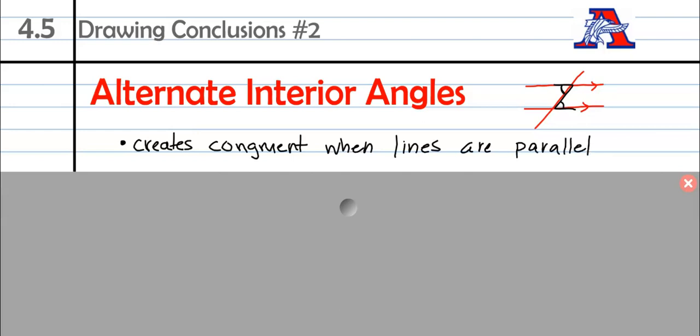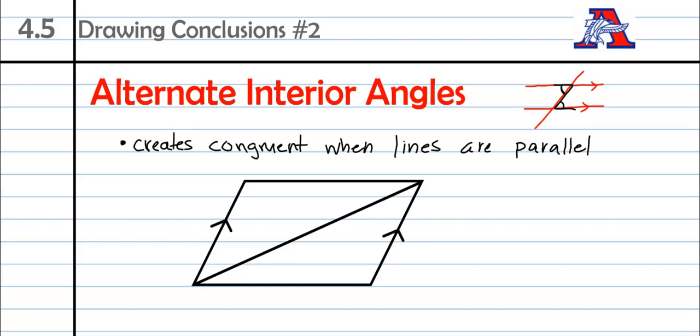So again, jumping into an example of what that looks like in our triangle unit, we might have something that looks like this, where you have two parallel lines and then that transversal cutting through. Your alternate interior angles would be here and here. So I'm going to throw some letters on here just so we can talk about it a little more.